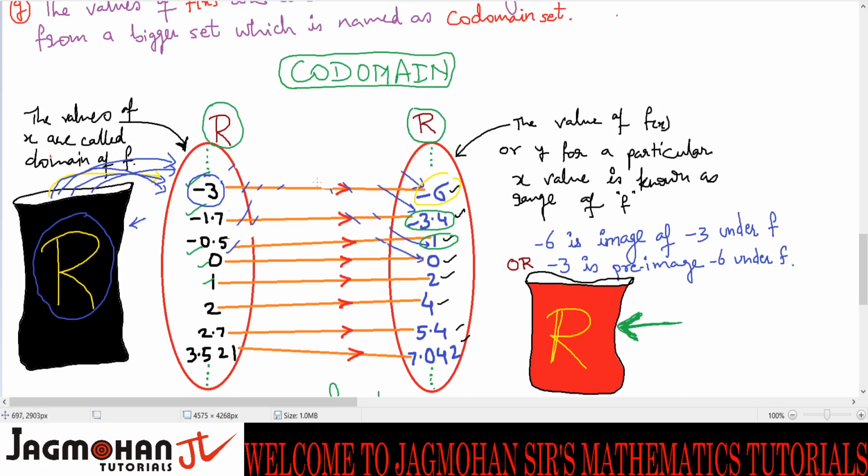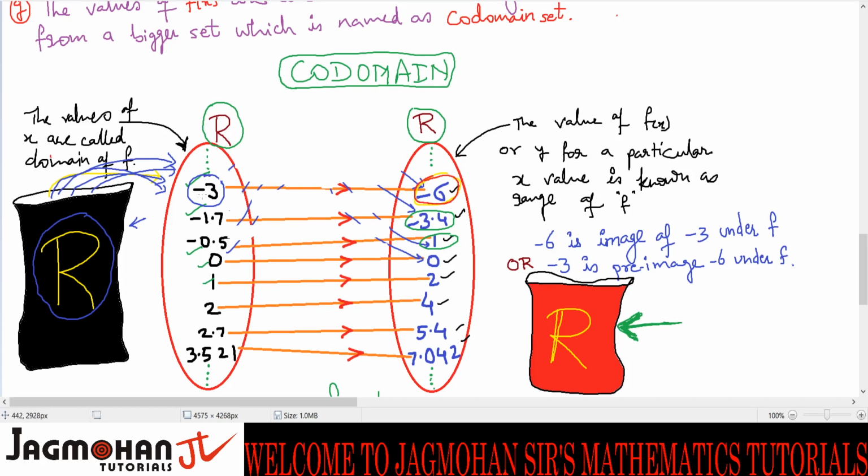Okay, that's fine. Now what I want you to understand is, you will notice from this arrow diagram that every element which is in the range set is the image of an element of the domain set. Every element in the range set, like negative of 6. What is negative of 6?